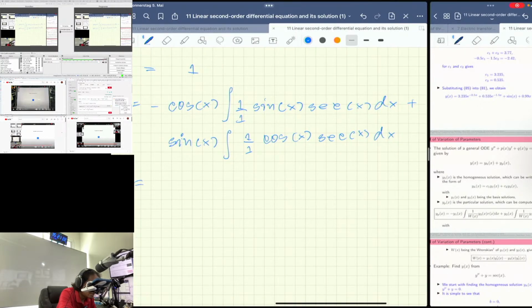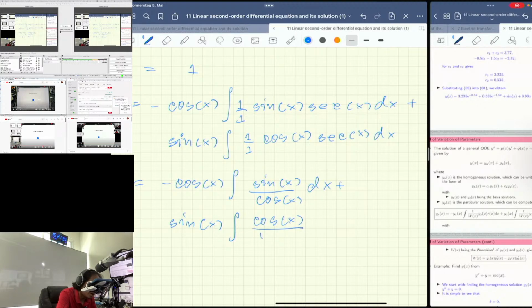So it's equal to negative cosine x times the integration of sine x divided by cosine x dx, plus sine x times the integration of cosine x divided by cosine x dx, right?